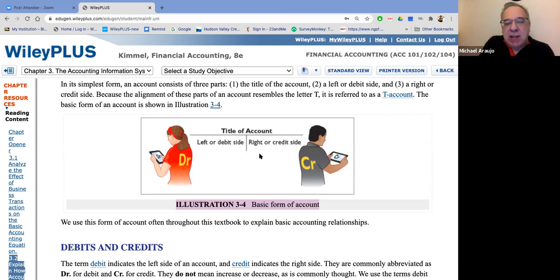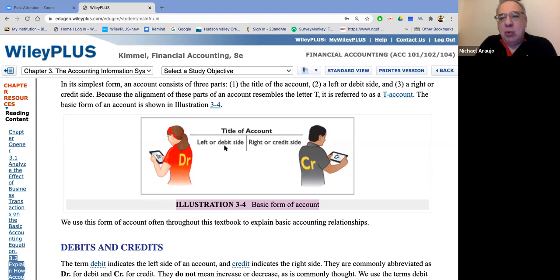What you're going to be learning is that asset accounts increase on the left side. So every time we say we have more cash, we're going to put that cash, that number, in the cash account on the left side, which is the debit side.